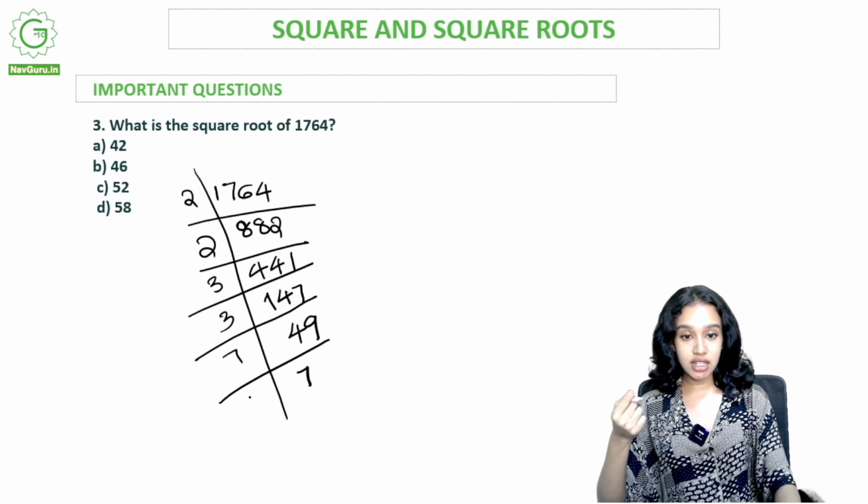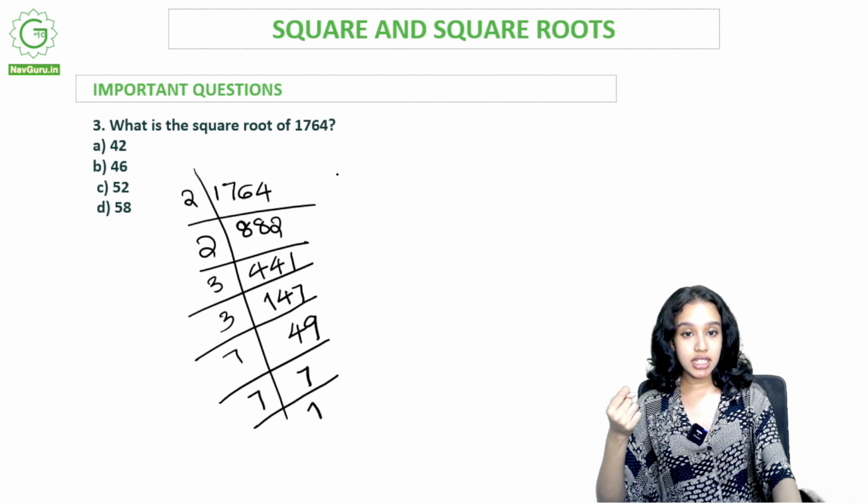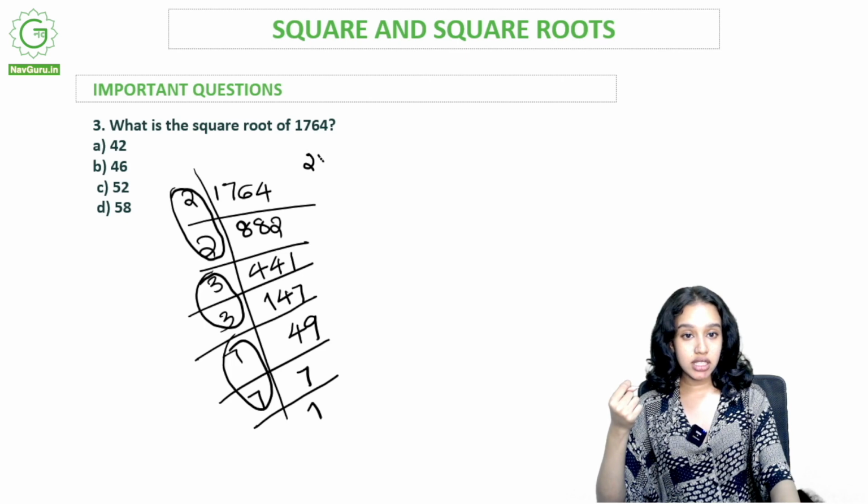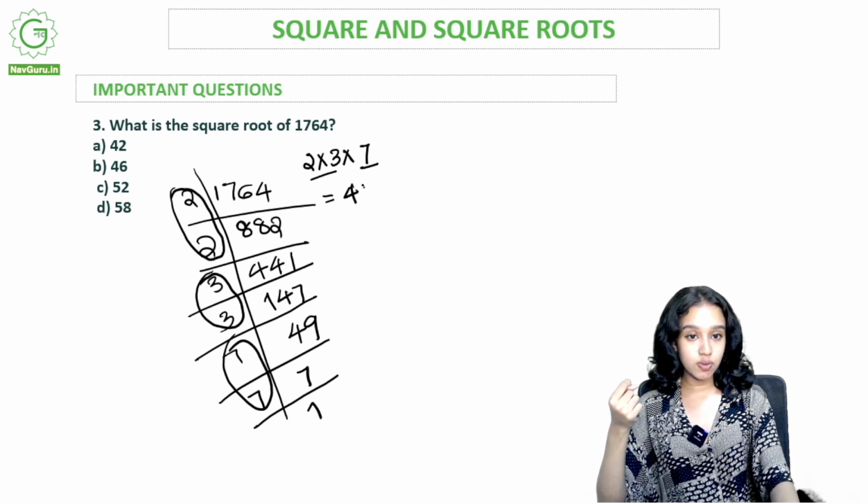Again we get 7, and 7 times 7. 1 times 7 is 7. So we get a pair of numbers. We are grouping them by pair. We got one pair of 2, one pair of 3 and one pair of 7. So we multiply all this: 2 into 3 into 7. 6 into 7 is 42. We got the answer as 42.